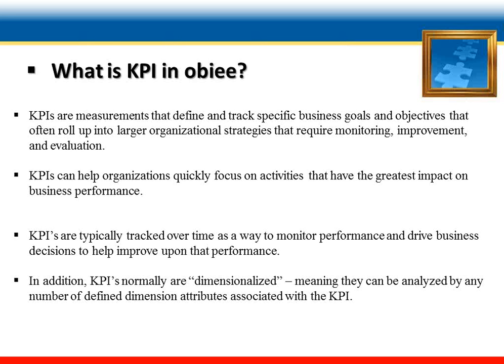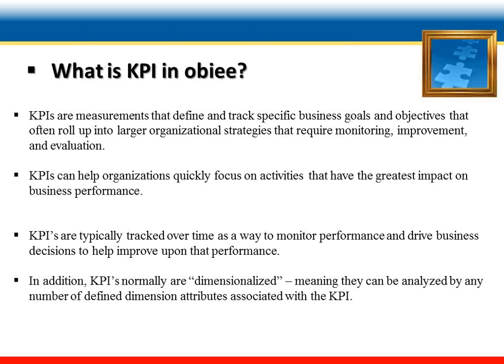KPIs are typically tracked over time, and are a way to monitor the performance and drive business decisions, which helps them improve business performance. So it is mainly to drive business decisions, and to improve upon the performance.